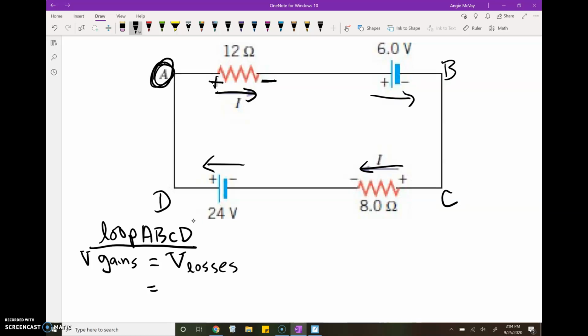So if we're going from positive to negative, or high to low potential, that resistor will provide a potential drop, and that's what we're assuming is happening.